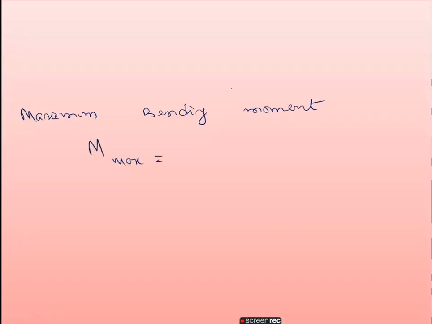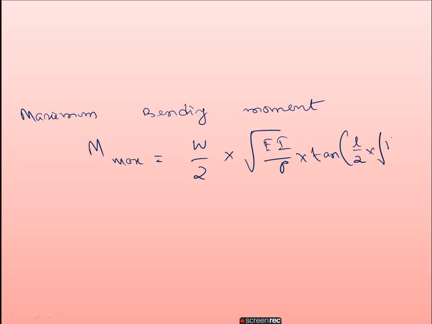In yesterday's lecture, we discussed the maximum bending moment. We got W by 2 into square root of EI by P into tan of L by 2 into square root of P by EI.